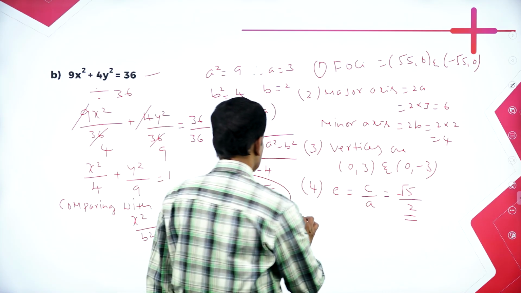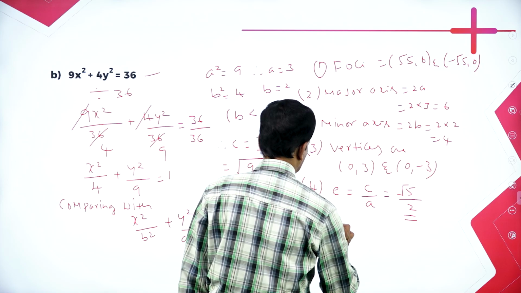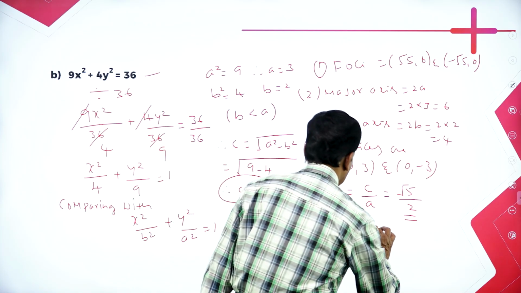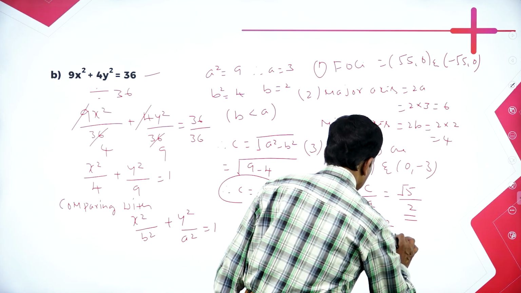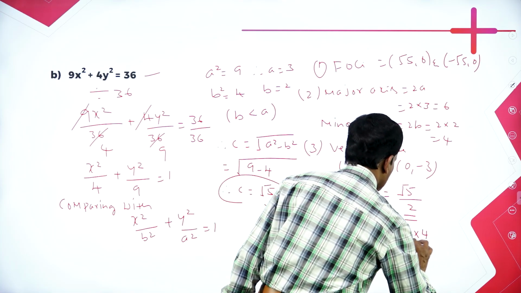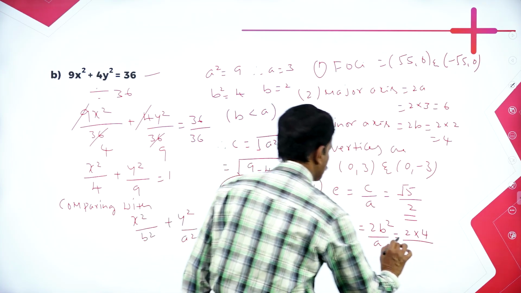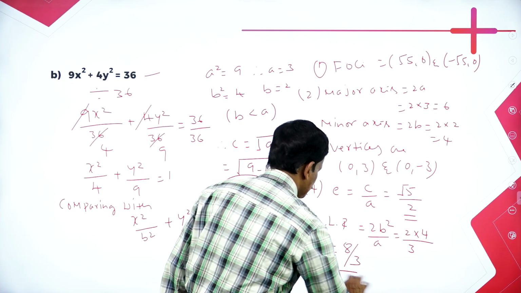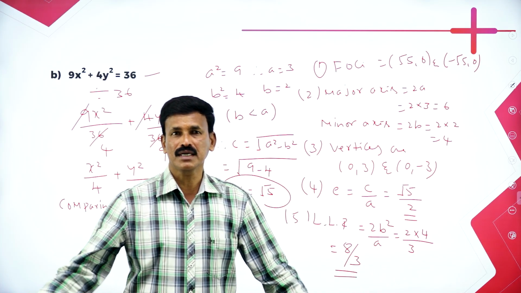Now finally the length of latus rectum. Length of latus rectum is equal to same 2b square by a, that is 2 into, what is b square? 4 divided by a. What is a? a is equal to 3. So this is equal to 8 divided by 3 is the length of latus rectum.